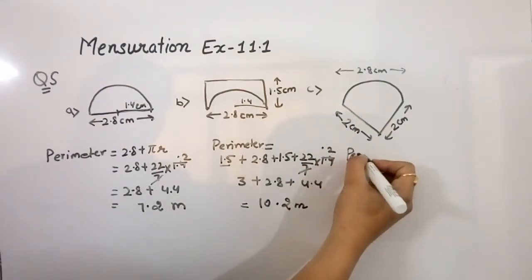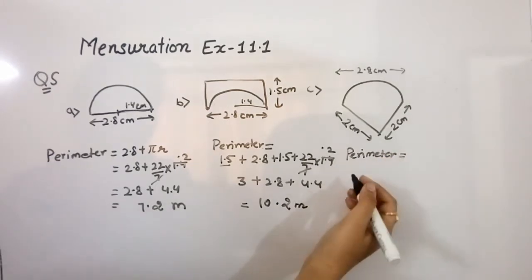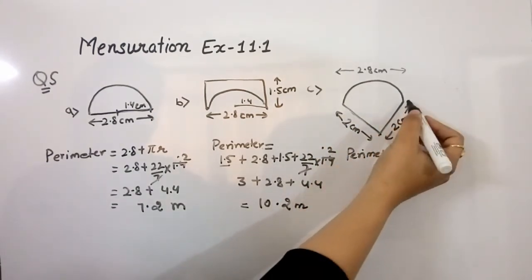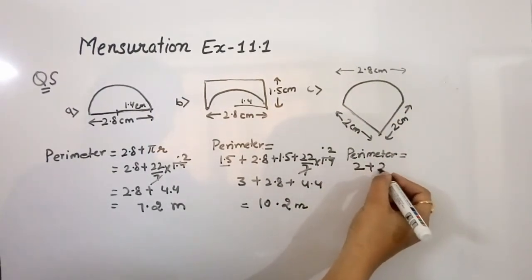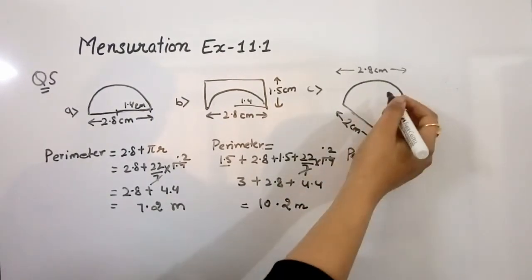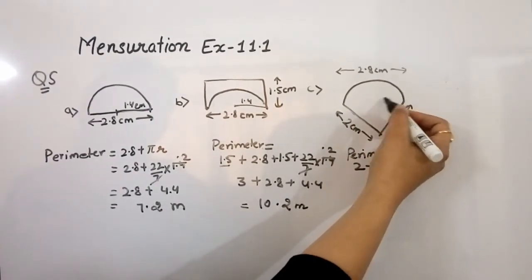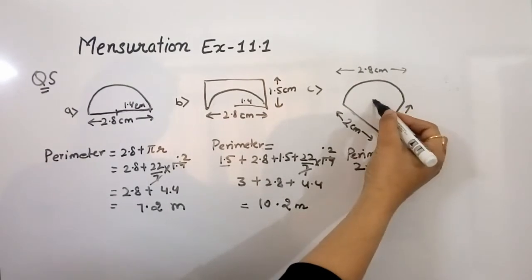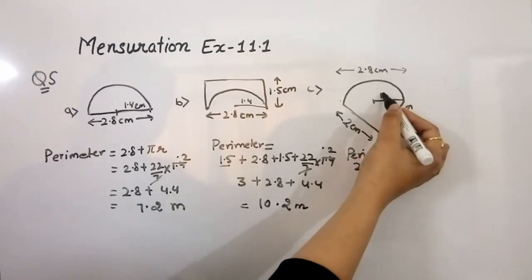And the perimeter of the third figure is the sum of this side and the circumference. 2 plus 2 plus the same pi r, 22 by 7 into radius, which is again half of this. If this is the semicircle, then the radius is 1.4.